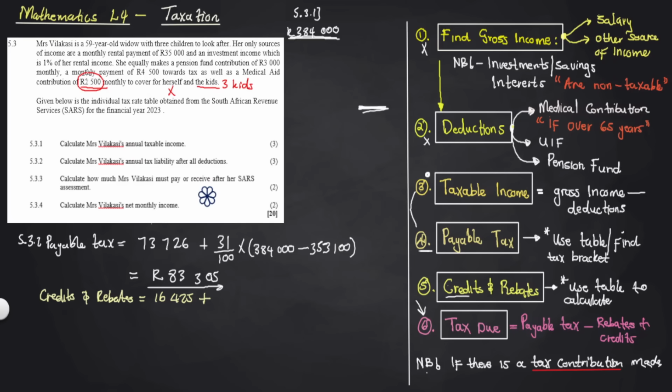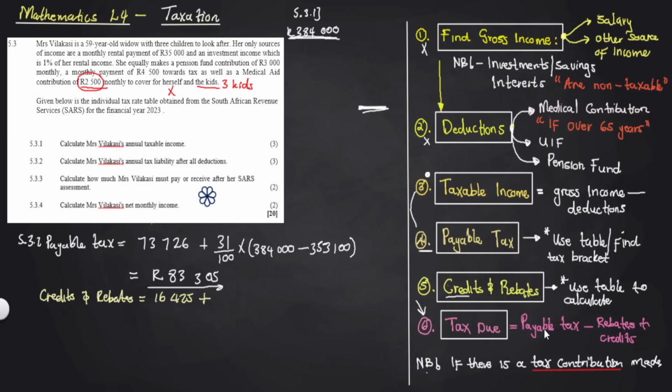SARS is okay with her making a contribution to a medical aid. Therefore, instead of calculating the contribution on that 2,500, we're going to use the medical credits table to calculate the credits.